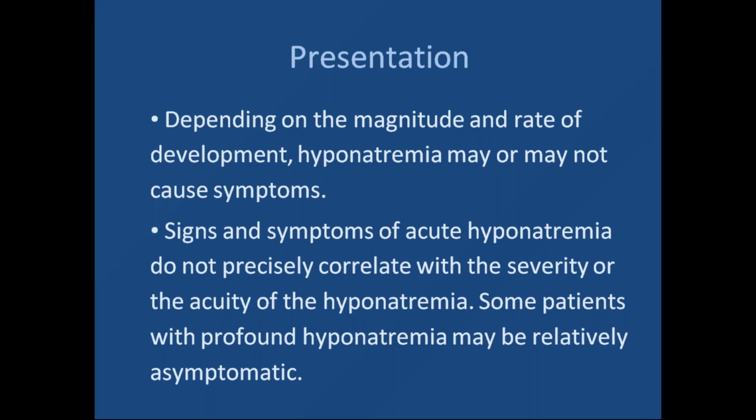Sometimes if it is acute, a patient with just 128 or 125 sodium will present with severe drowsiness, whereas a patient with chronic hyponatremia, with a value of 110, 100, even 95, can also be seen. They will be asymptomatic or just relatively drowsy or lethargic, that's it. So the rate of development is very important.